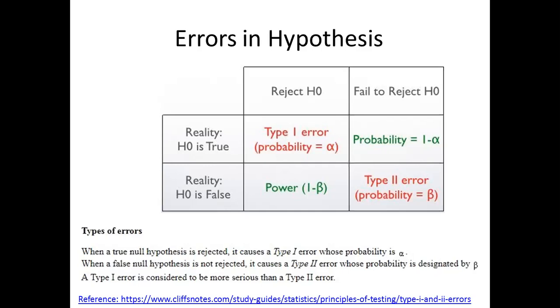And this 1 minus beta is also called the power of the test, because our test is so powerful that it was able to identify the effect that was present. So that's how we indicate power, specificity and sensitivity in terms of beta and alpha symbols.